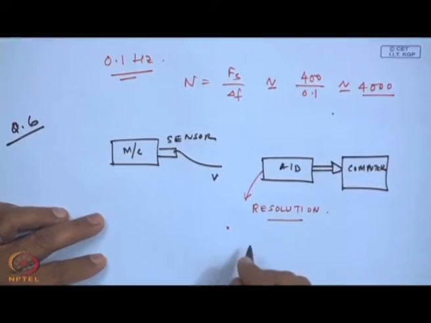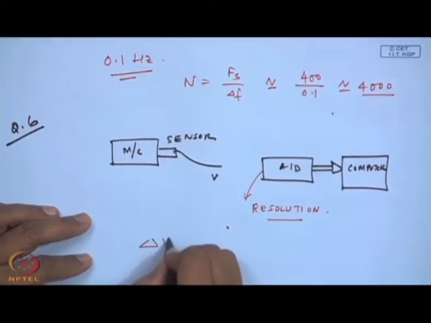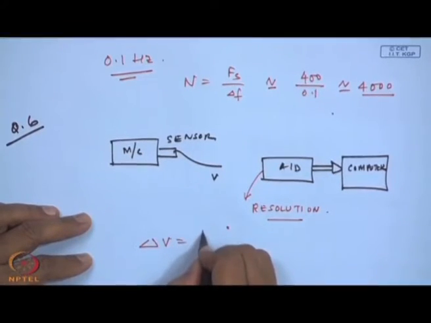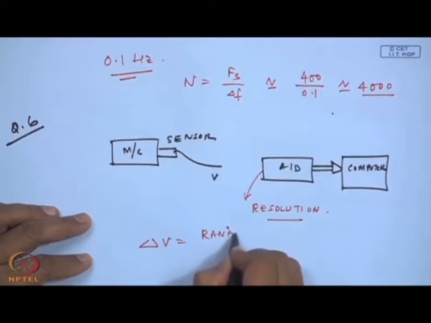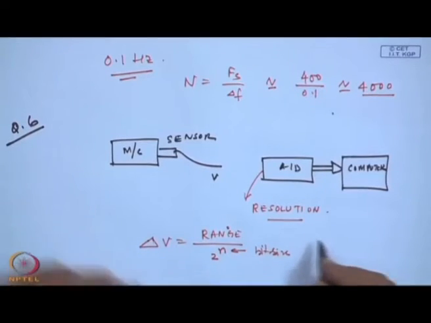and this resolution is given by the maximum voltage it can sense, the range, divided by 2 to the power bit size, where this is the bit size. So, that is the lowest voltage it can sense.